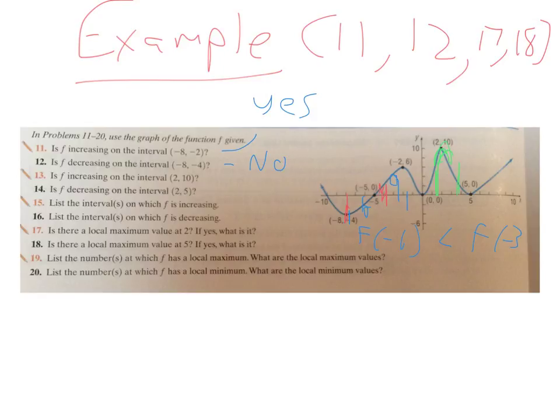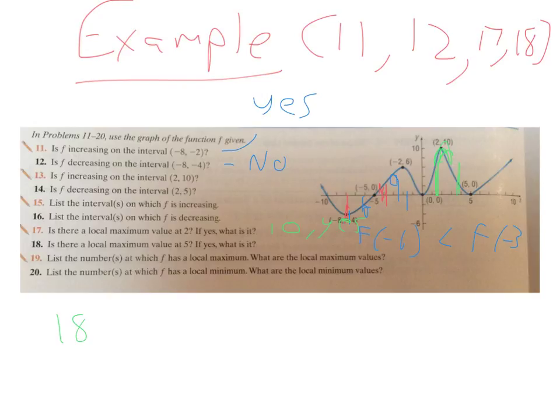That means that would be a local maximum. The local maximum value would be 10. First part was a yes or no question, so you could put yes. And for number 18, is there a local maximum at x equals 5?